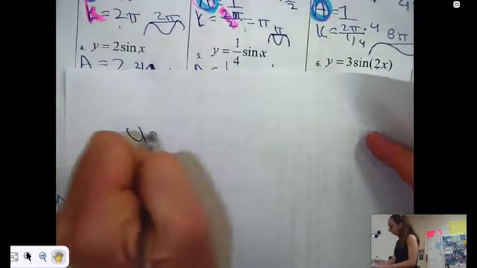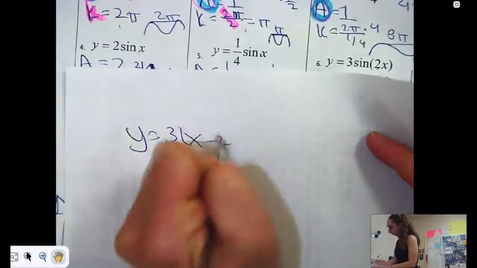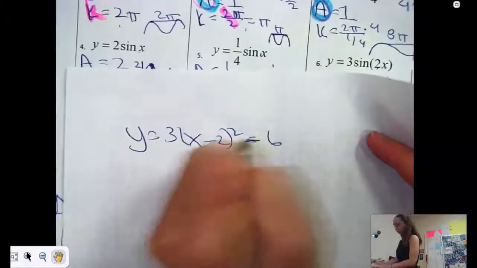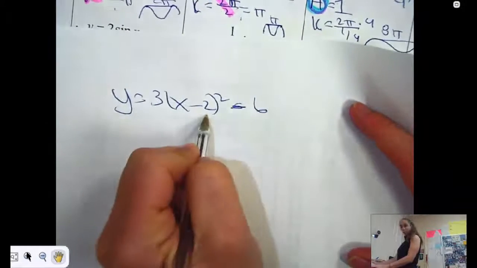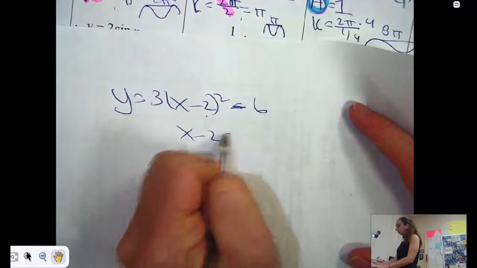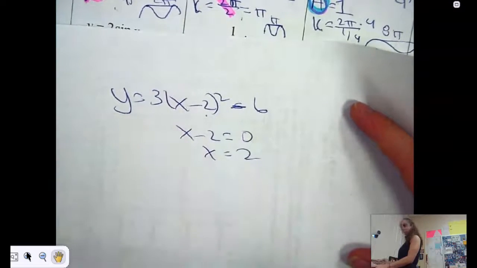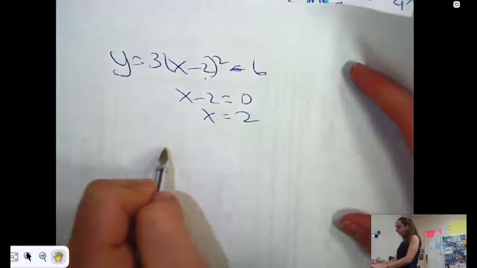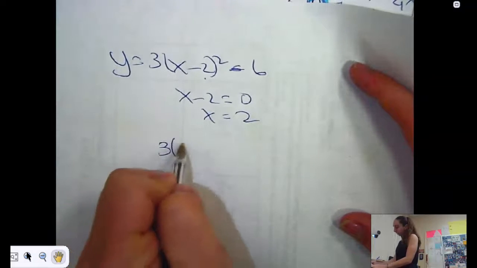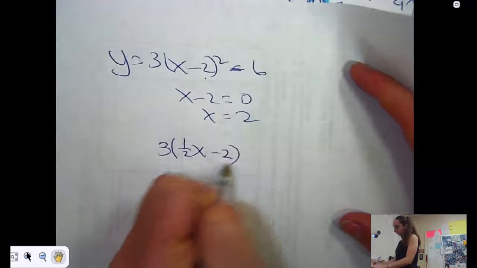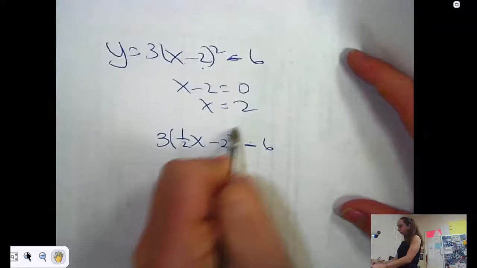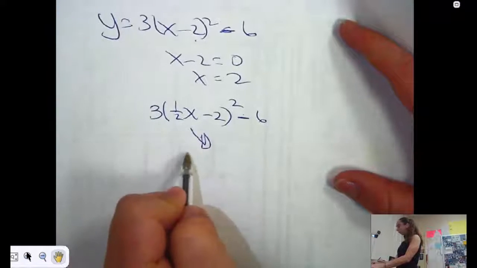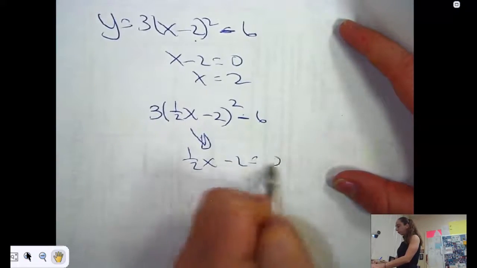If I gave you, just as a reminder, minus 6, if you want to figure out the x value, you set it equal to 0, x equals 2. But what if I had 3 parentheses 1/2 x minus 2 minus 6? Let's say it's squared. You would set this equal to 0, so 1/2 x minus 2 equals 0.